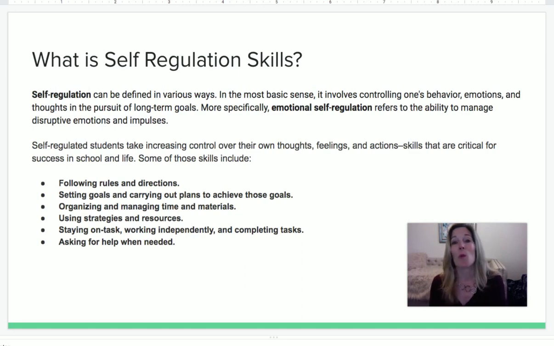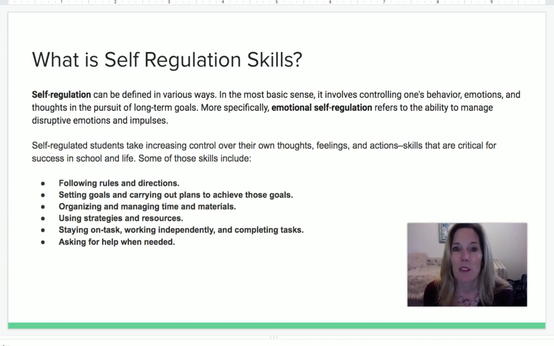So we want to make sure that they're aware of this. When they become more aware of their self-regulation skills and when they improve their self-regulation skills, it is a place that they're going to improve in their whole entire life. It's a skill that we need. It's like learning how to ride a bike. You never forget.